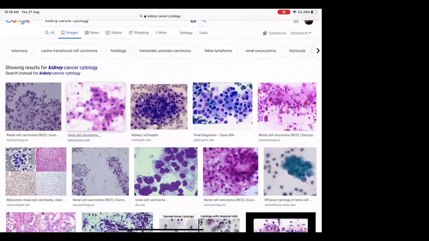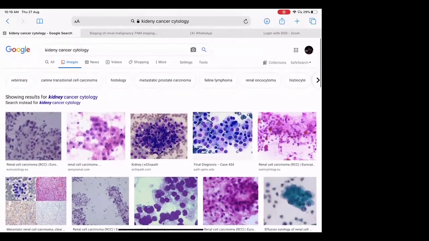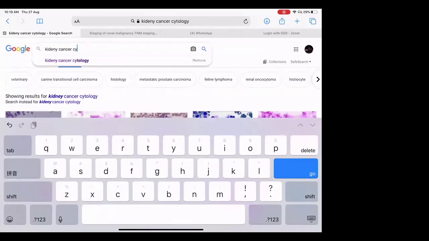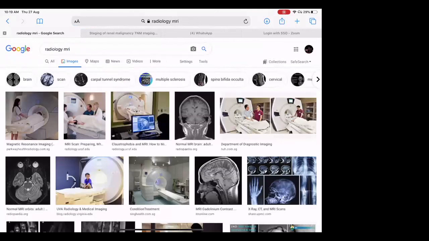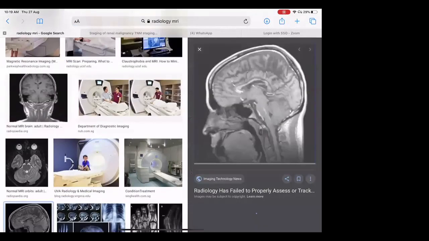They are the ones that look under the microscope into the magnified view. This is a widely magnified kind of thing. The radiologists are the kind that look at the black and white scans like this.